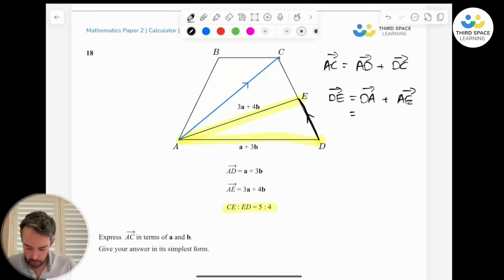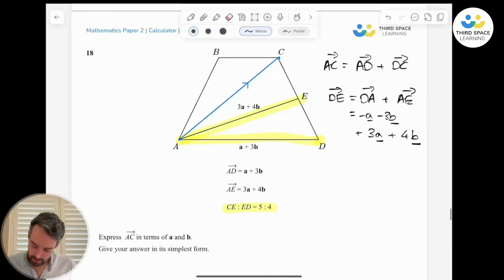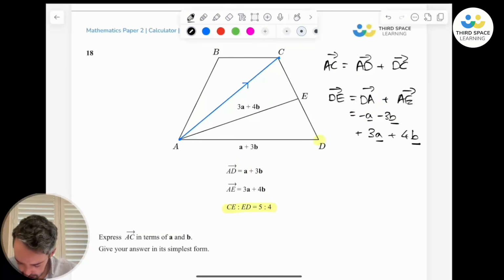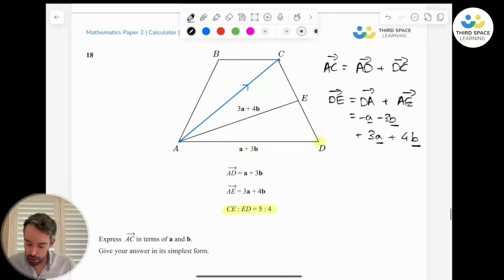Now what is D to A? Well, that's the opposite of a plus 3b, so that's going to be negative a minus 3b. And then A to E is plus 3a plus 4b. Remember, we had to put this one as negative because this is going from D to A, not A to D. So this part is negative a minus 3b plus 3a plus 4b.